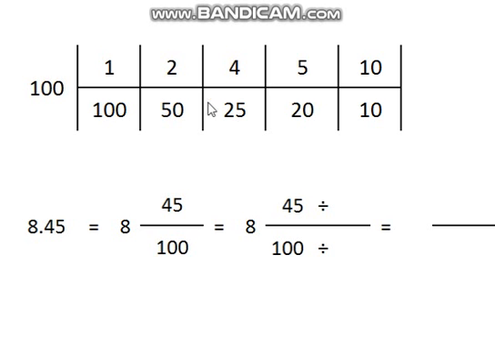Start from 45, there's no 45 over here. 25, I don't think it is a factor of 45. 20 is also not, 10 is also not. And then 5, now we can use the 5. So we divide by 5 on top and bottom. We keep the 8, 45 divided by 5 is 9, and 100 divided by 5 is 20. So that's how you do the conversion from decimals to fractions. Okay, thank you.